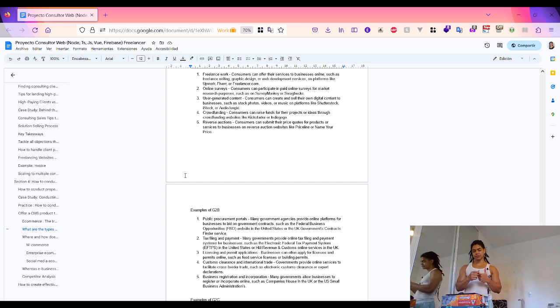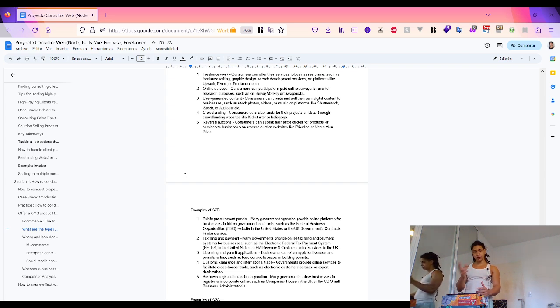Vehicle registrations and licensing, like the DMV, which stands for Department of Motor Vehicles, in California in the US, or the Driver and Vehicle Licensing Agency in the UK.